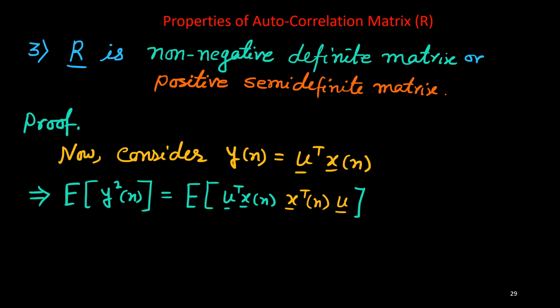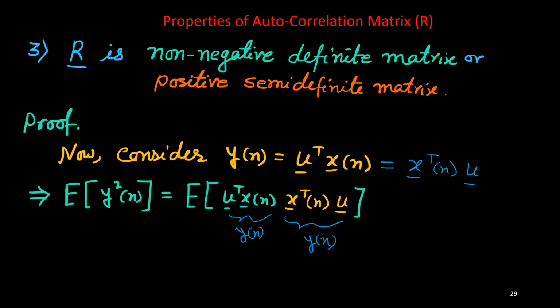This is a dot product, so we can write x transpose n times u. The first one is your y(n), and this also is y(n). I want to make y square, so we multiply these two, but the first time we write it as u transpose x(n), and the second time as x transpose n times u. Many times we will use this type of formulation.